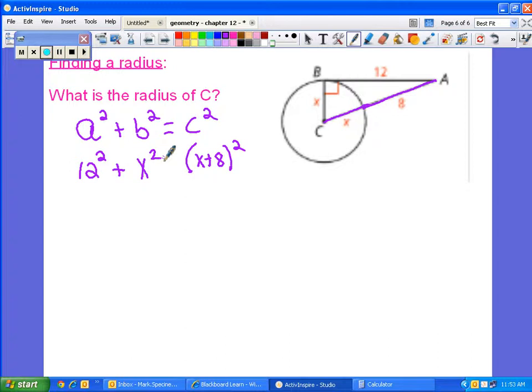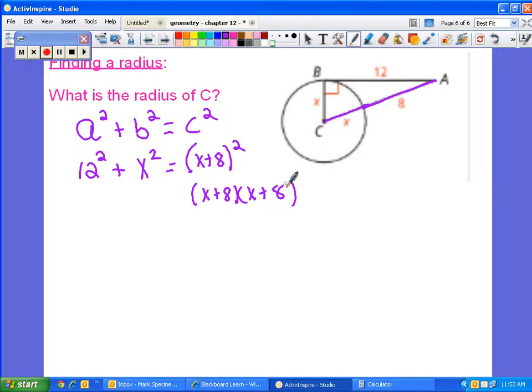Okay, now we're going to use the Pythagorean theorem. But first we have to expand this. So if I have x plus 8 squared, what I have is x plus 8 times x plus 8. Who remembers from algebra last year how to multiply two binomials?